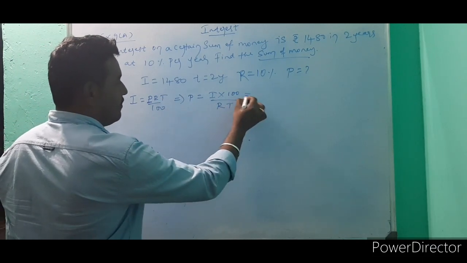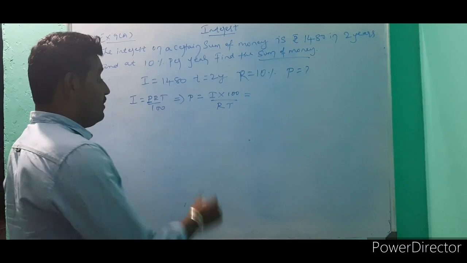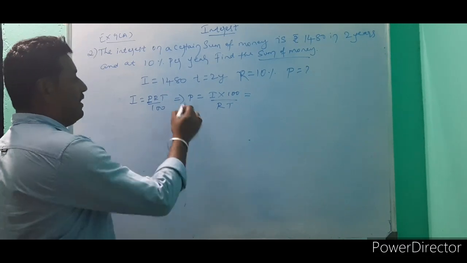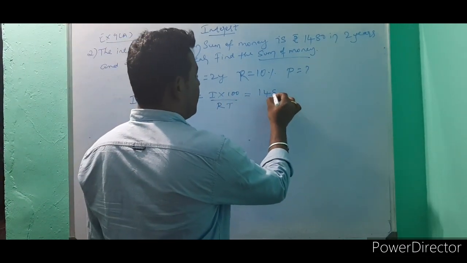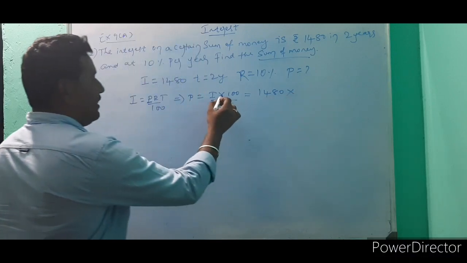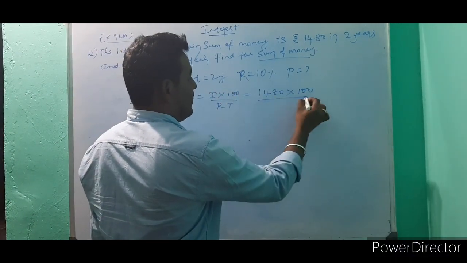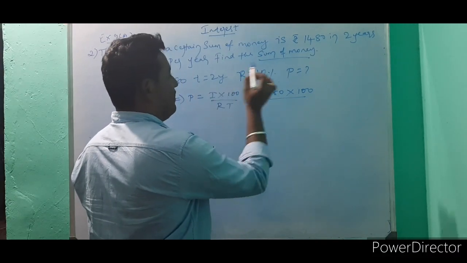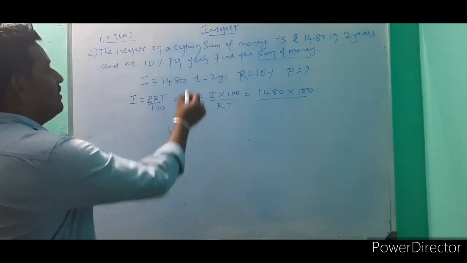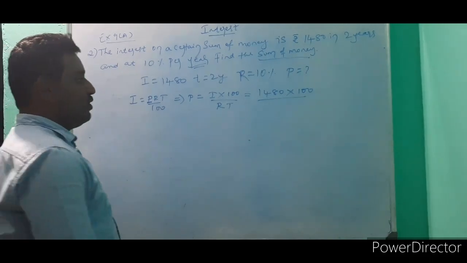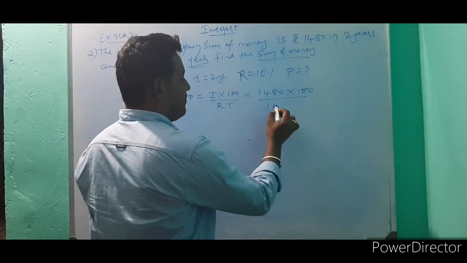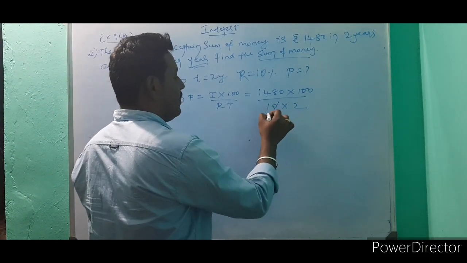We want to find P. I value we know, it is 1480, into 100, divided by the R value and the time. Since the rate is in percentage and the time is given in years, there is no need to change it. 10 into 2.